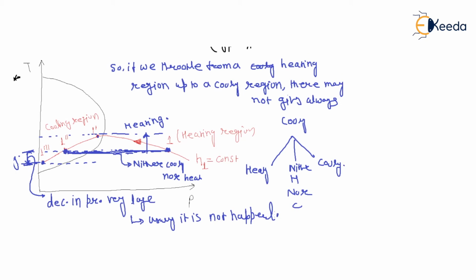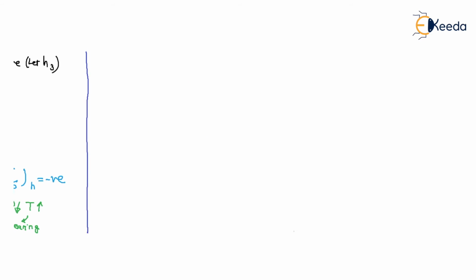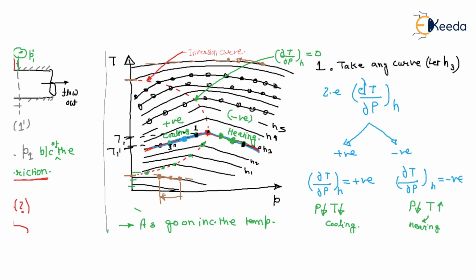Now, if we select a type of curve above the inversion curve, this is the inversion curve, above the maximum temperature the curve has only a negative slope, so there is no way cooling is possible. Similarly, below the minimum inversion temperature of the inversion curve, cooling is not possible because the slope is also negative.